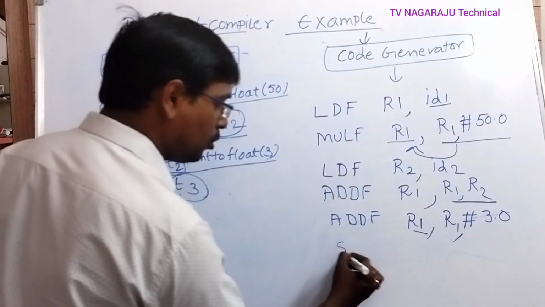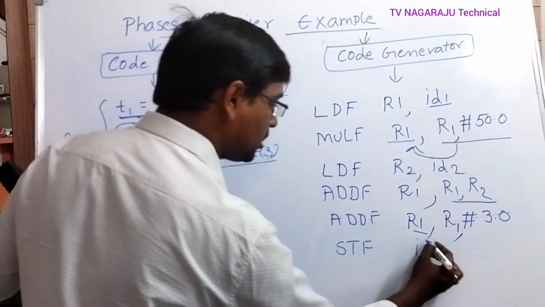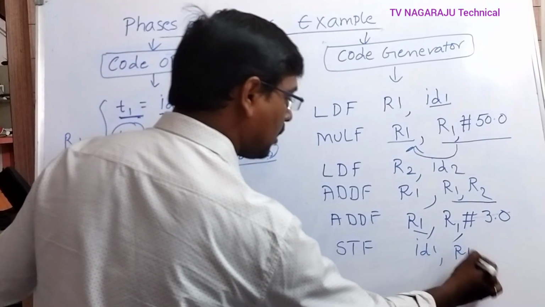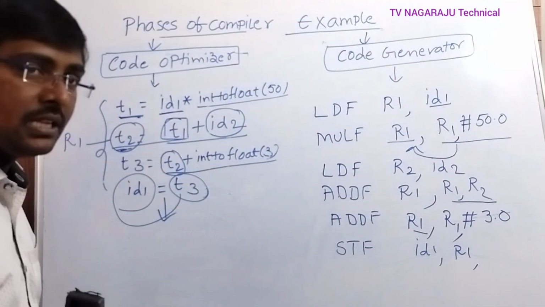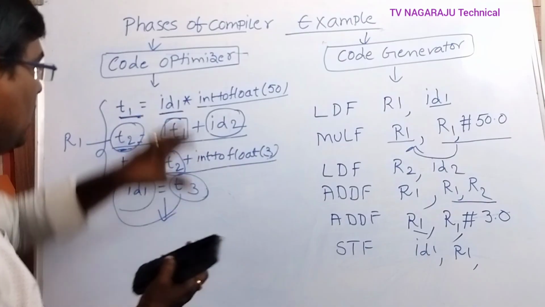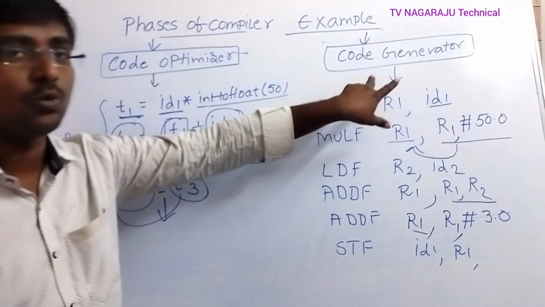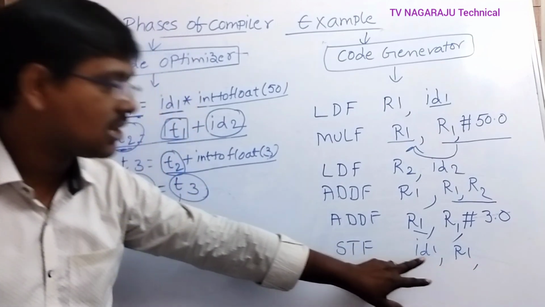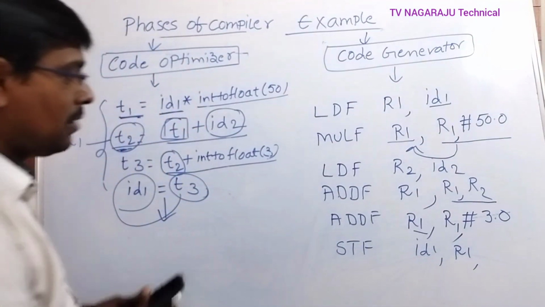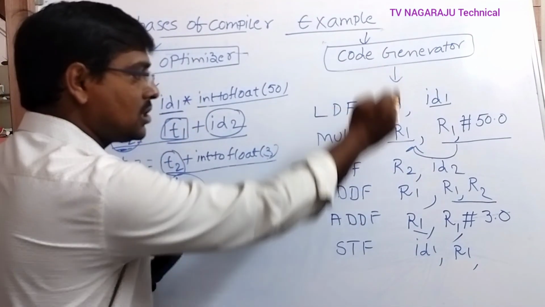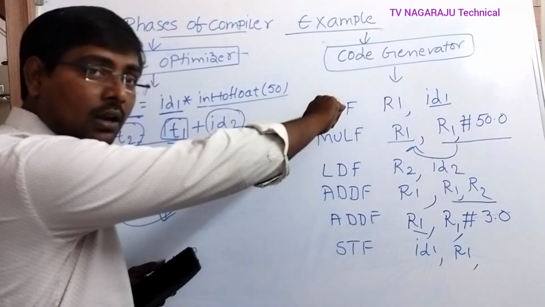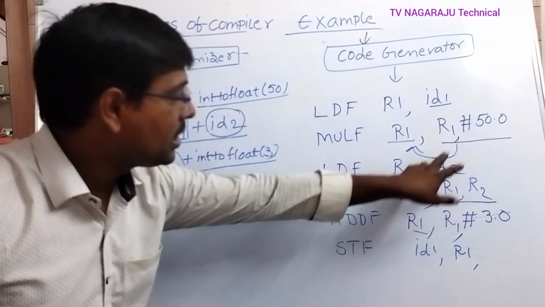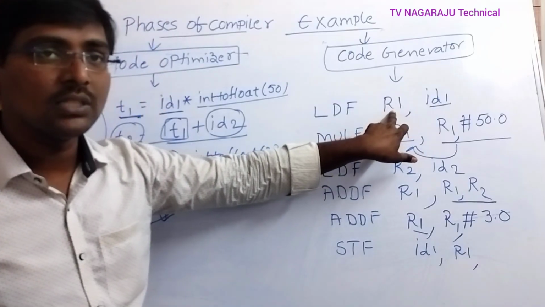Now here you have to perform store operation ID1 comma R1. Observe, if it is a variable on the right hand side, you have to use the register for storing the variable. After performing all the operations assigned to ID1. Remember, whenever you require the old register, create a new register. If you are not requiring old register, and each and every time, suppose here R1 stores ID1.